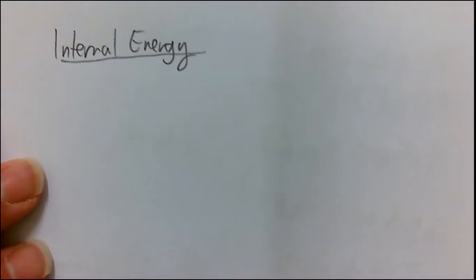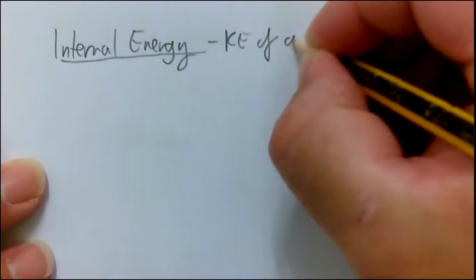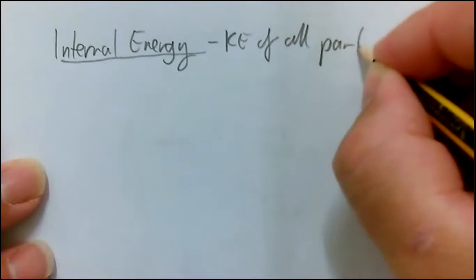Okay. Now with the gas, there's no potential energy here, because there are no intermolecular forces. So the internal energy is basically the kinetic energy of all the particles in the sample of gas.